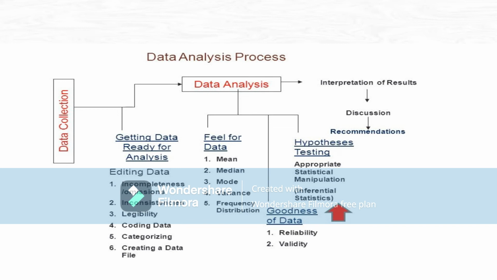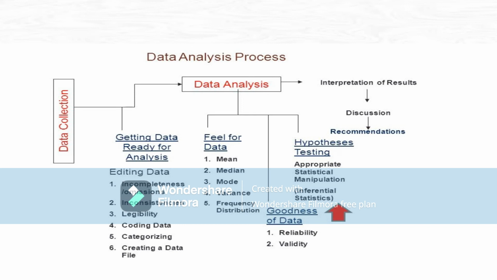In goodness of data, the researchers check reliability and validity. Hypothesis testing is basically inferential statistics. We use statistical tools to find out whether our hypothesis is accepted or not accepted, and appropriate statistical manipulations are used here.